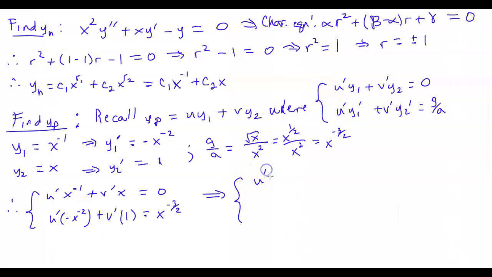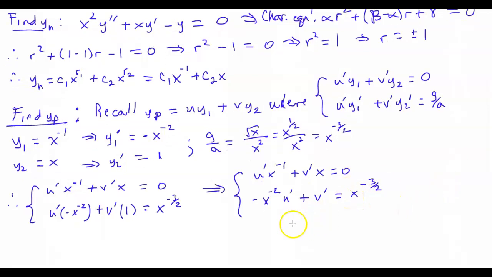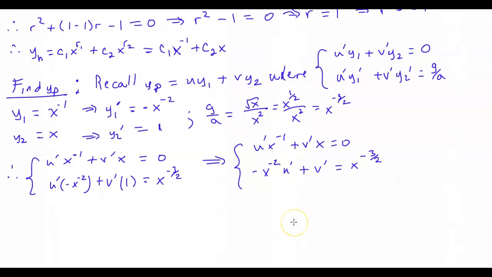I'll rewrite it one more time just to simplify everything, and then we'll start trying to solve this. So again, our goal here is to solve for u prime and v prime. Since I'm going to do this by substitution, I'll call these equation 1 and equation 2, and I'm going to rewrite equation 1 and solve for v prime.